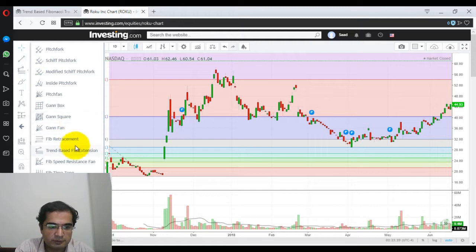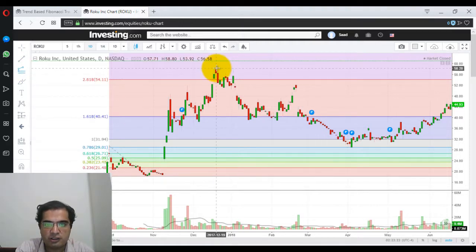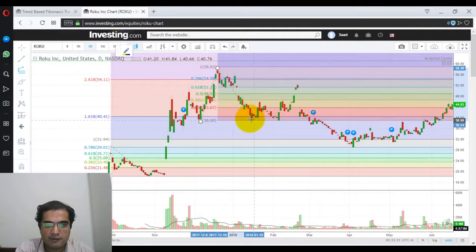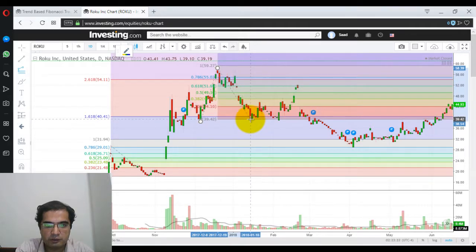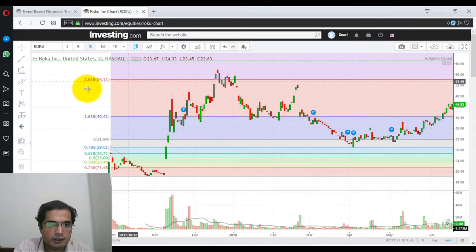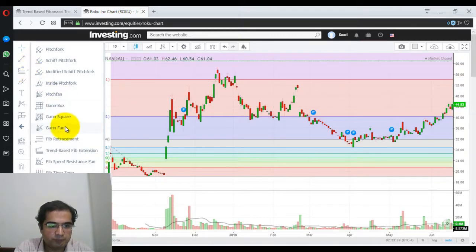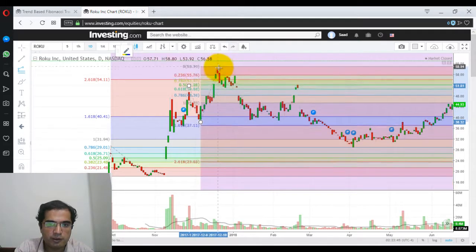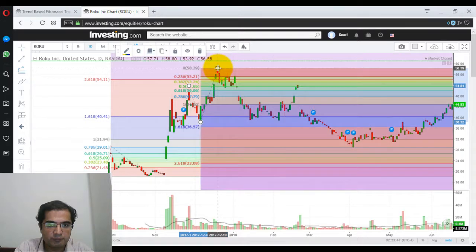Now let me add another trend-based Fibonacci extension. This time from this low till this high, and from this high, sorry, it's gone wrong, so let's delete it and remake it. From this high till this low, and from this low till this high.